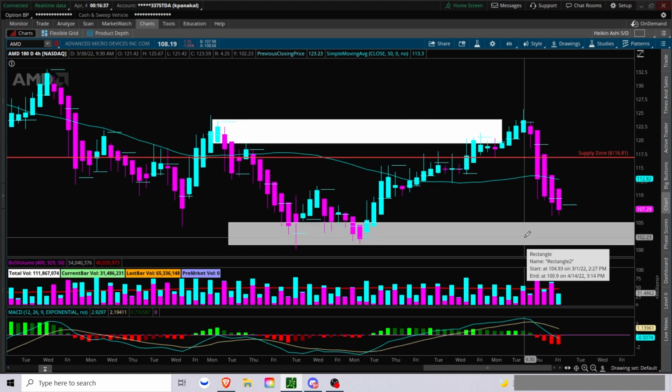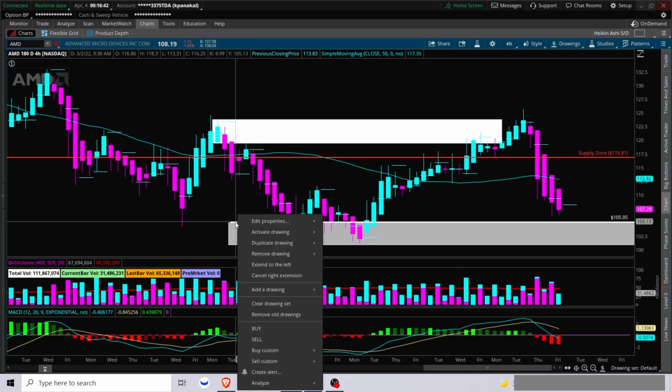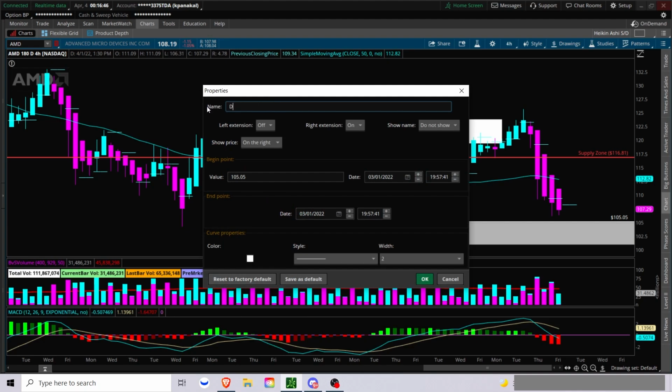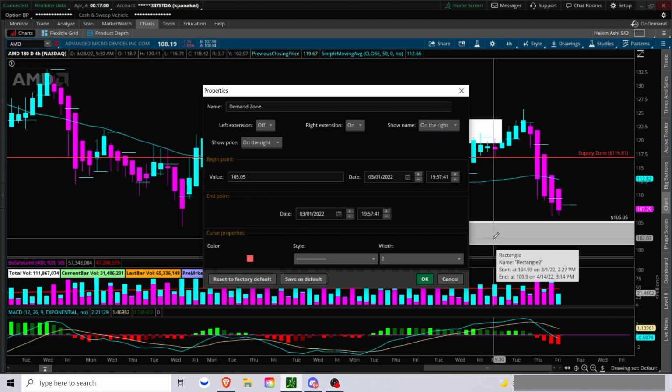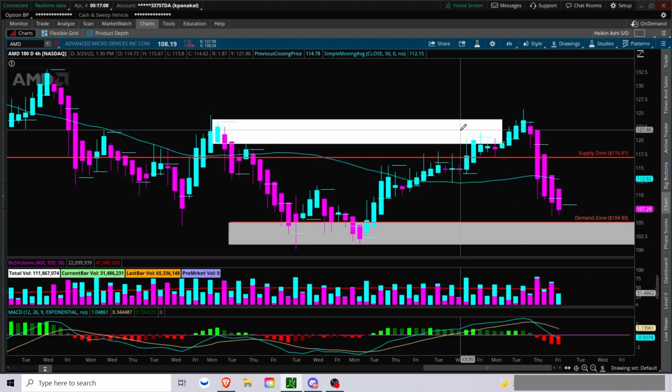So we have this demand zone right here from, let me just label it so we can see exactly when it starts from. It starts from 104.93, right? So that's when the demand zone starts from, not supply zone, sorry.